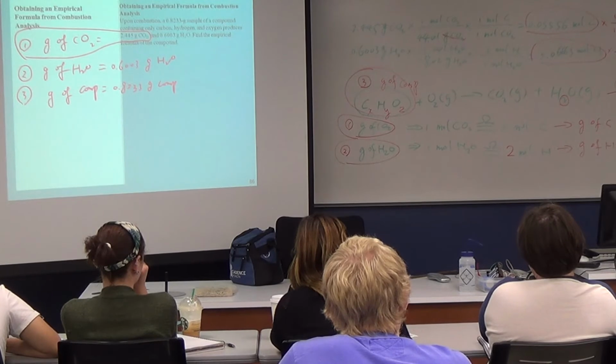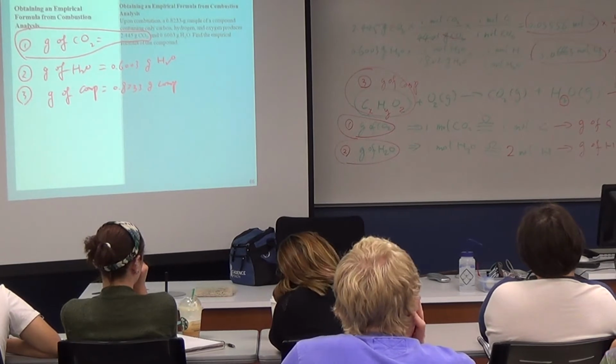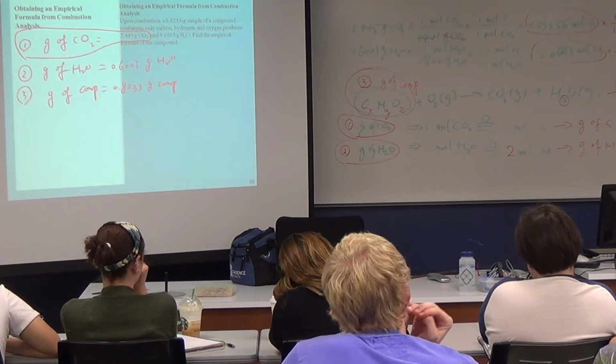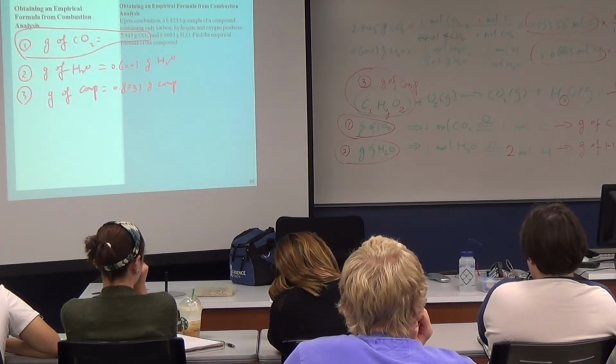Oxygen itself, not O2, not O3, just O. You take 16.00 gram of O per 1 mole of O. Let's divide by 16, and you get 0.00556 mole of O.